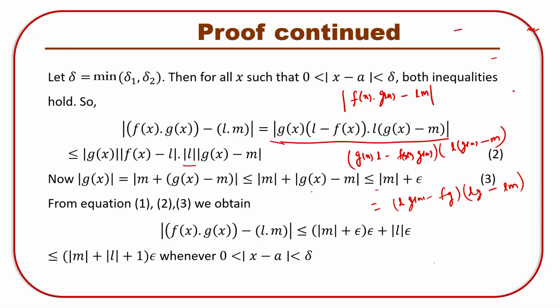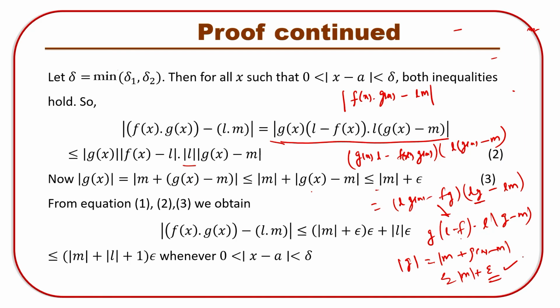That is the expression. Once you have the expression, you will find that taking g as common, it comes out as L minus f from this one, into taking L. So taking L g minus m now, and this gives you modulus of g, which can be written as m plus (g minus m), and this is less than or equal to modulus m plus epsilon.